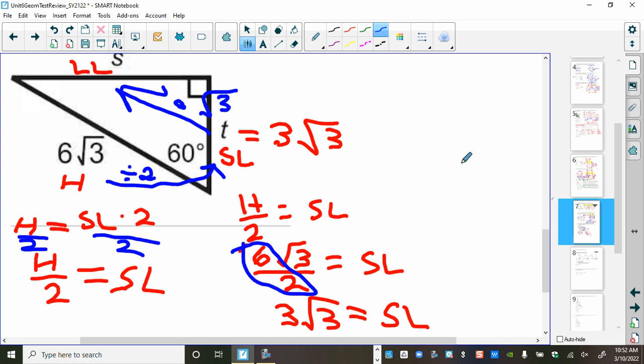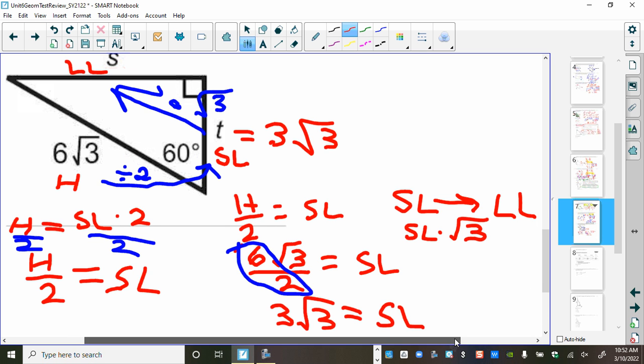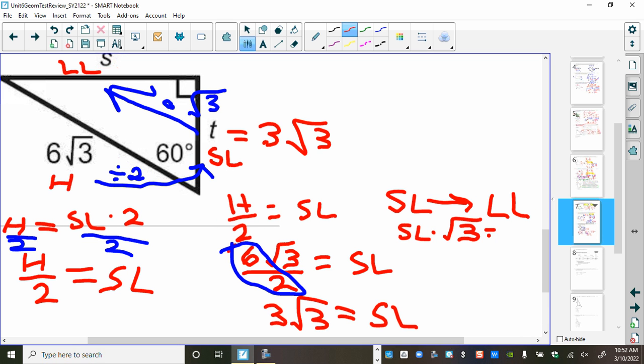So if you want to go from short leg to long leg, short leg times square root of 3. That's going to get you the long leg. That's the simplest trick.